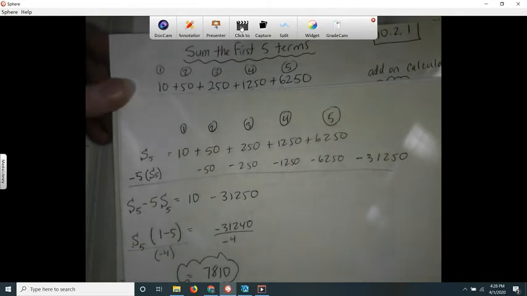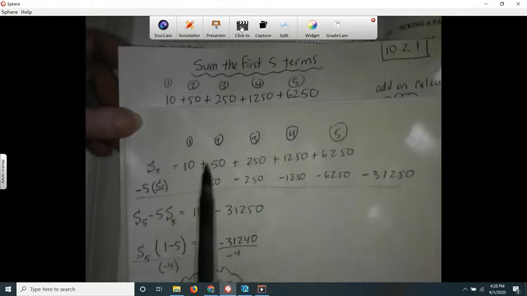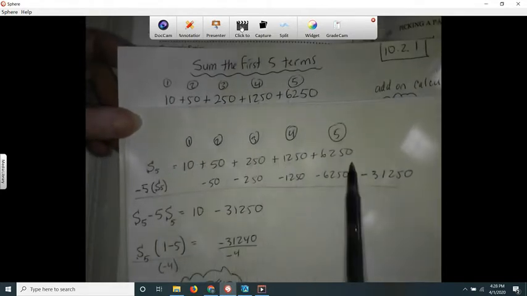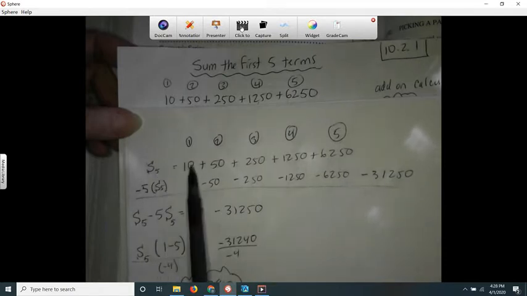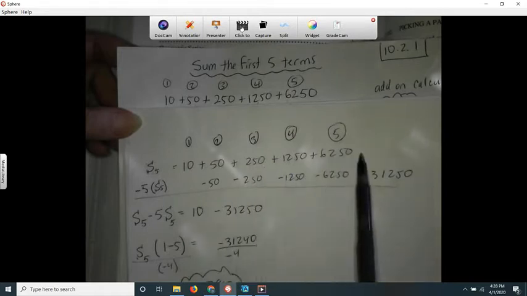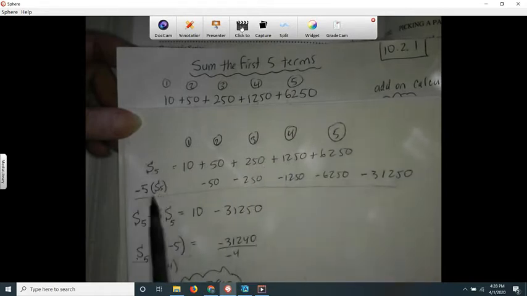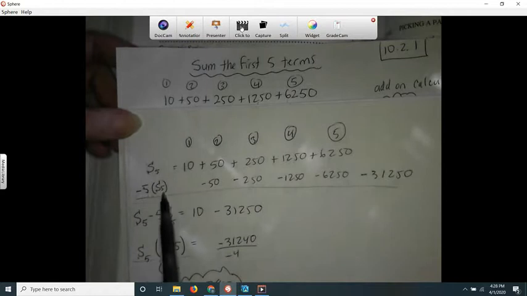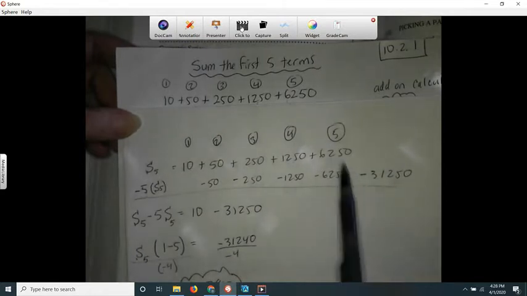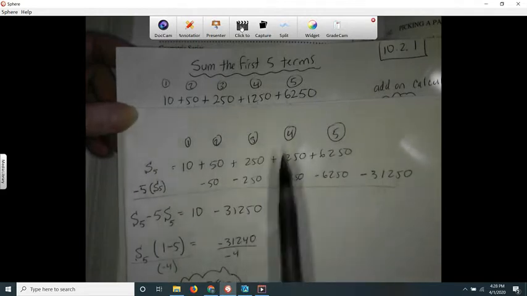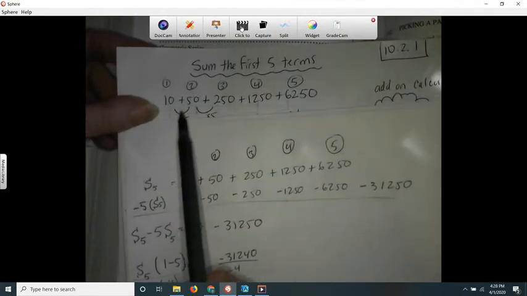You write all the terms out, and that's S of 5, the sum of the first 5 terms, and then you can subtract 5 times S sub 5 from it. Why 5 times S sub 5? Because it's going up by 5 each time.